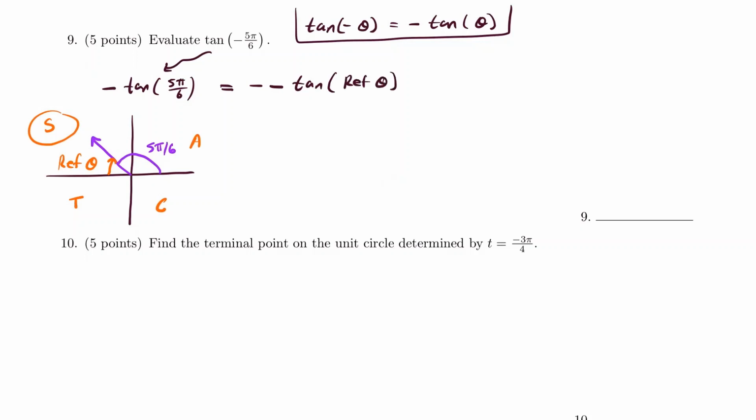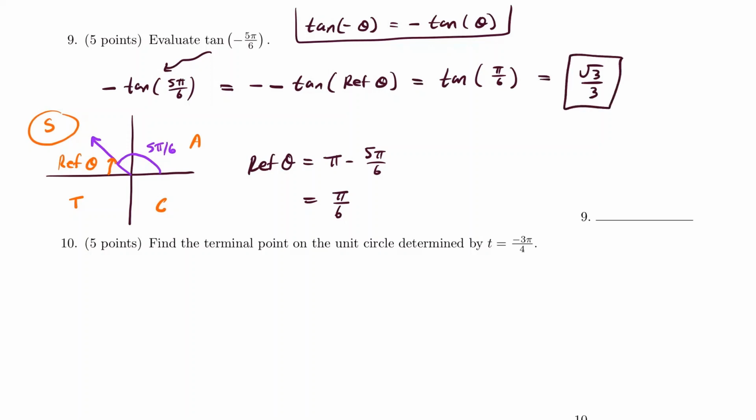So let's find the reference angle. The reference angle in the second quadrant will be π minus the given angle, 5π over 6. Put them in a common denominator, and you'll have π over 6. So this is equal to positive tangent of π over 6. And tangent of π over 6 is square root of 3 over 3. So that will be the value.